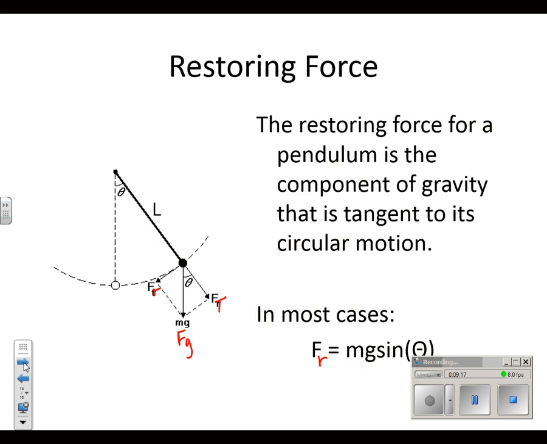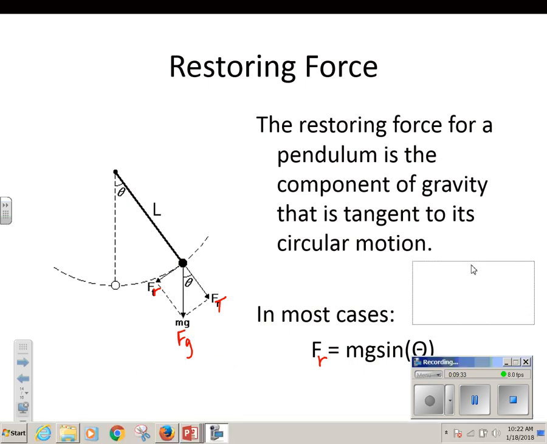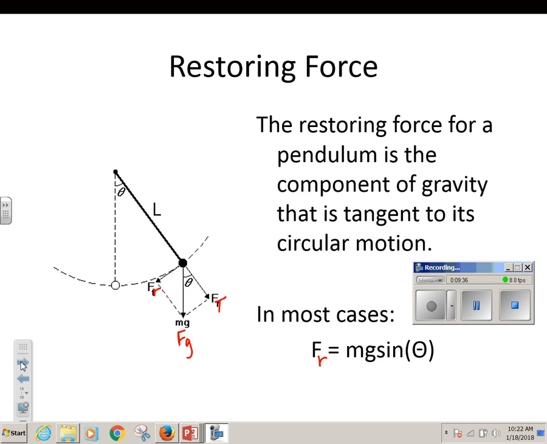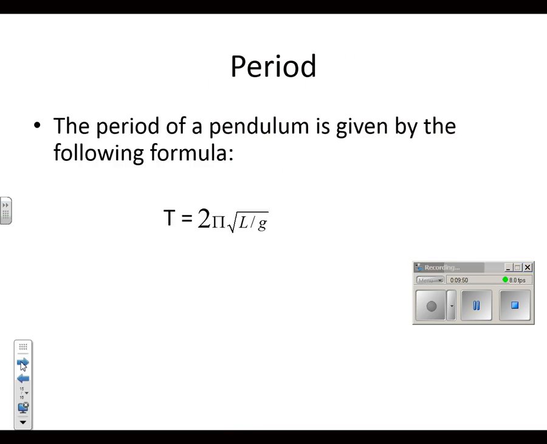So the restoring force, again, for a pendulum is a component of the gravitational force, and it is tangent to the circular motion. So in most cases, your F of R is going to be mg sine theta because of the location on the actual triangle. So that should make it pretty easy because we've talked about tension forces, and so now we're just talking about those tension forces extended. But it is going to be tangent to the circular motion, and we'll talk more about that when we get into uniform circular motion.